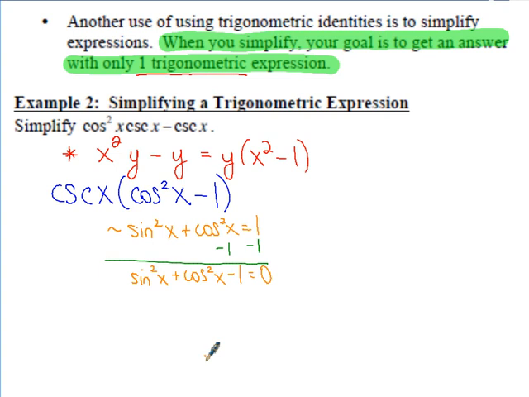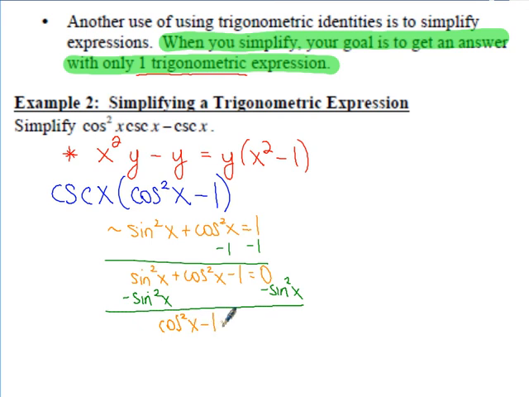Just subtract it to the other side. Then we have cosine squared x minus 1 equals negative sine squared x.